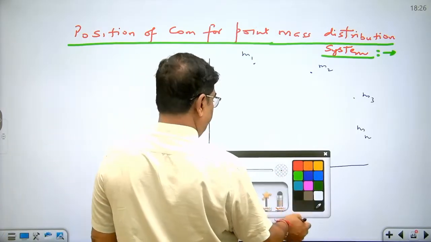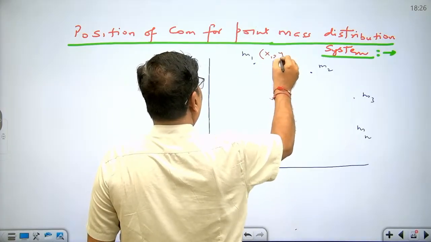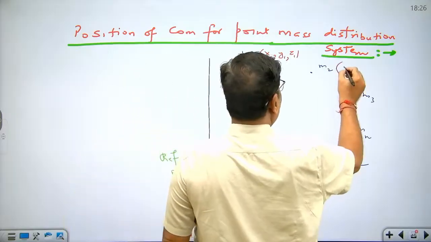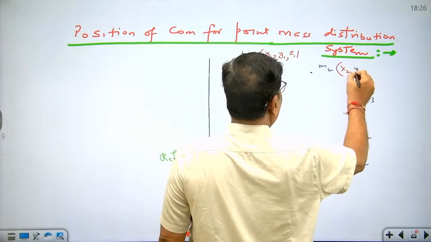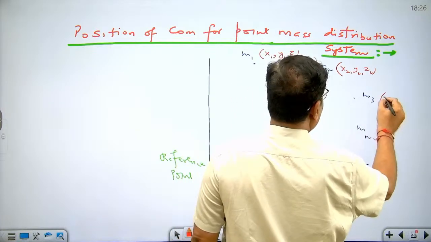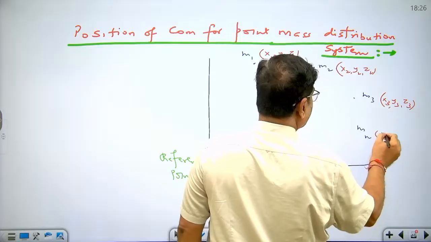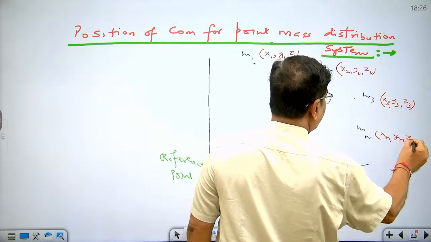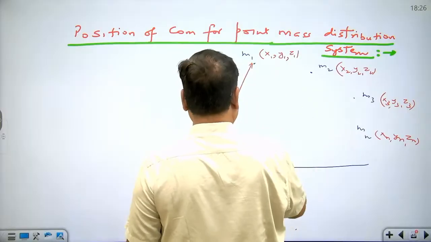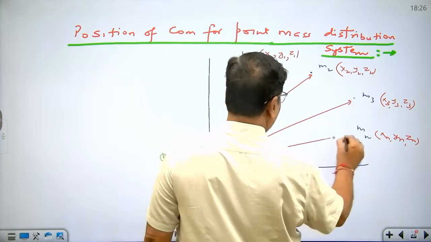Let us assume the position vectors of m1, m2, m3, whose coordinates are (x1, y1, z1), (x2, y2, z2), (x3, y3, z3) and (xn, yn, zn), from the reference point are r1, r2, r3 and rn respectively.